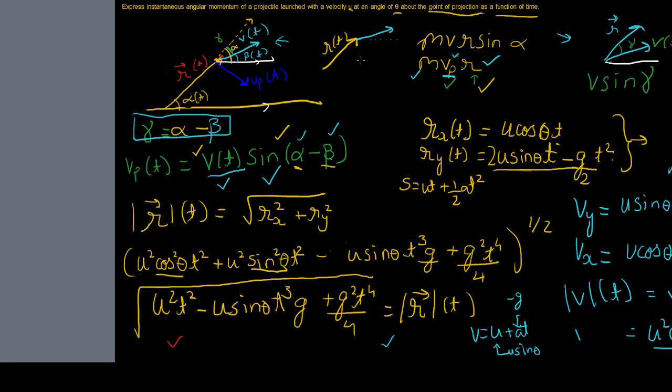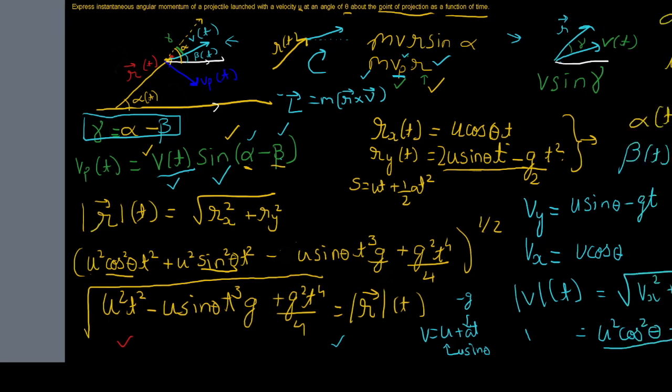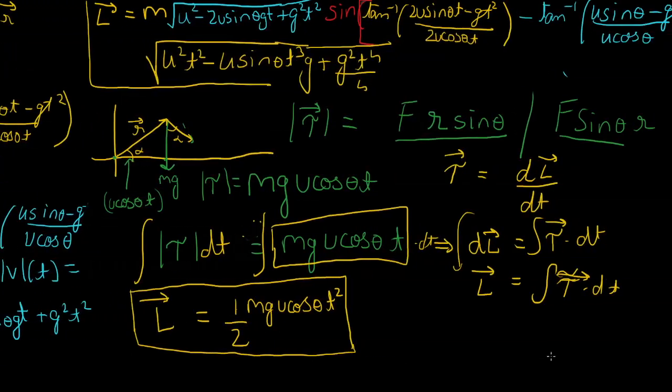If we apply the right hand rule, the vector form of angular momentum is given by m into r bar cross v bar. So if we apply the right hand rule on these two vectors, we have to move our fingers this way. This is done only when our thumb is pointing into the screen, which is into the plane. So we know that the direction of the angular momentum vector is going to be into the plane, which is minus k cap.